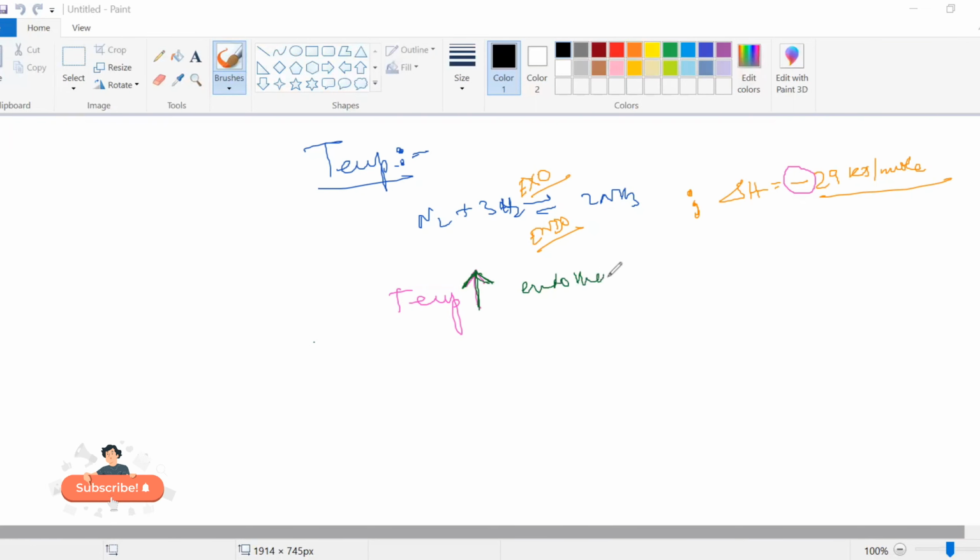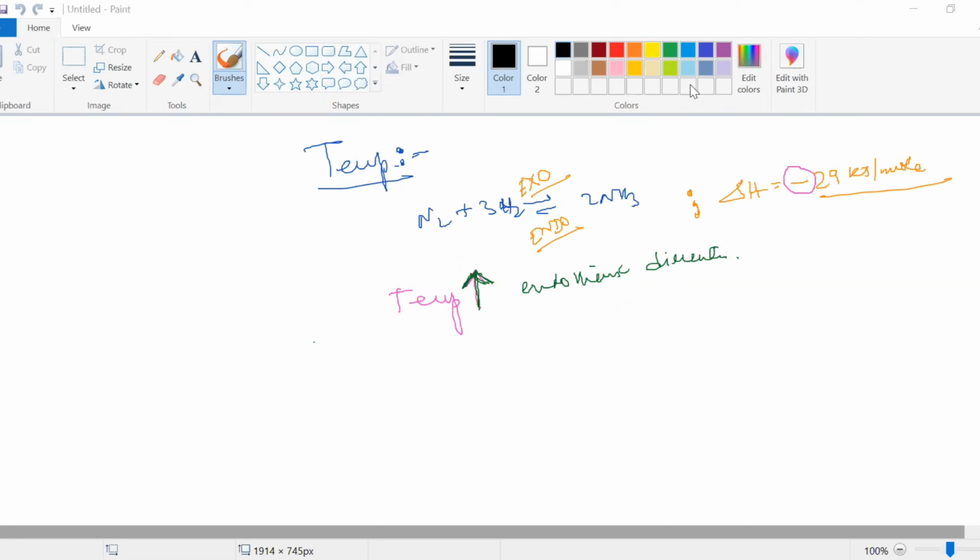Is it clear? Can you understand this part? When you increase the temperature, the reaction moves in the endothermic direction.